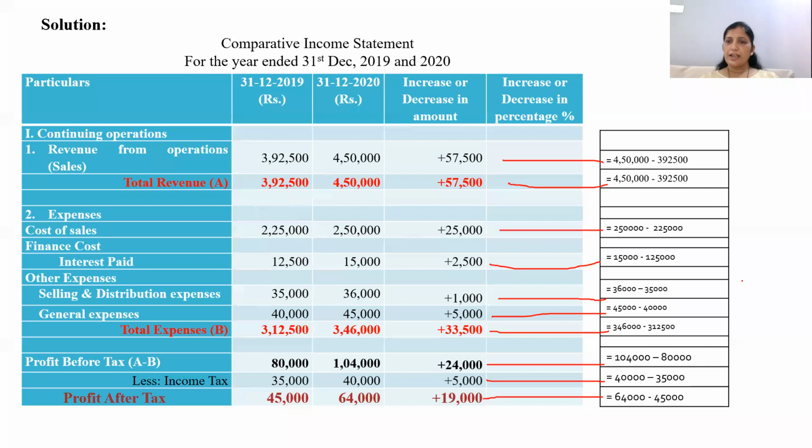This part that I have written, take it down as working notes for at least one or two problems, so that you are not confused later about where you got this amount. This deduction should be in this format only: 2020 minus 2019. If you get a plus, write plus. Else, if you get minus, put the minus symbol.